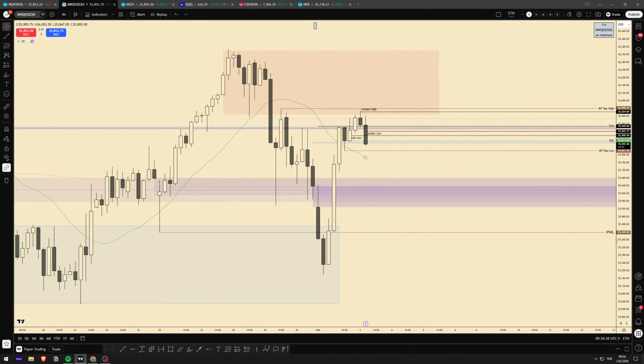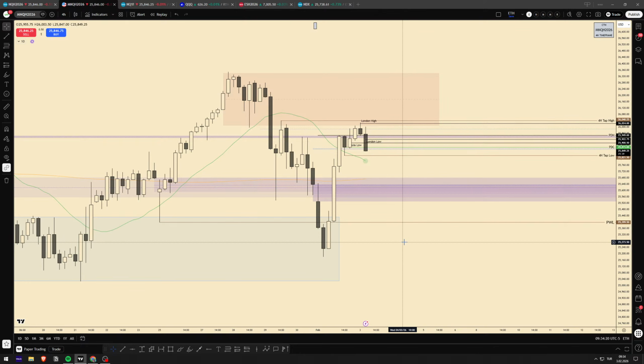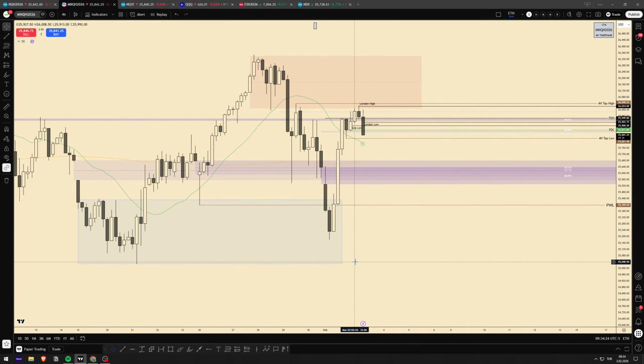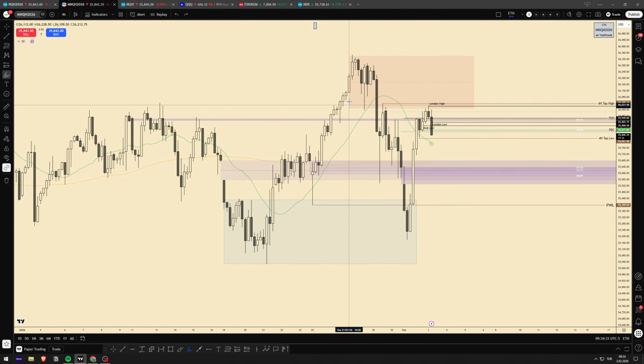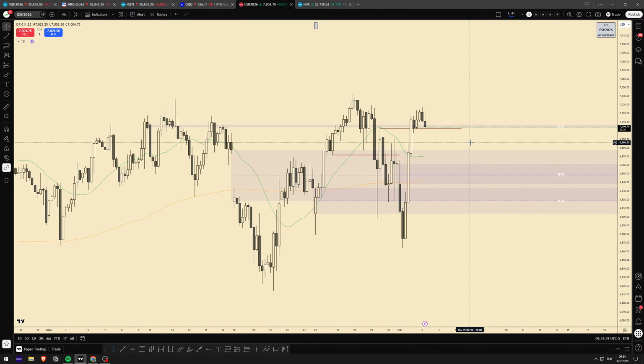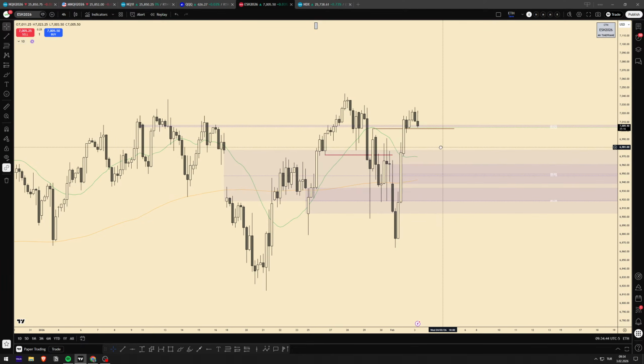The pullback is possible and probable, but I am not sure if price just flushes back down just because it came to this level once again, and just because there is a divergence between ES and Nasdaq.